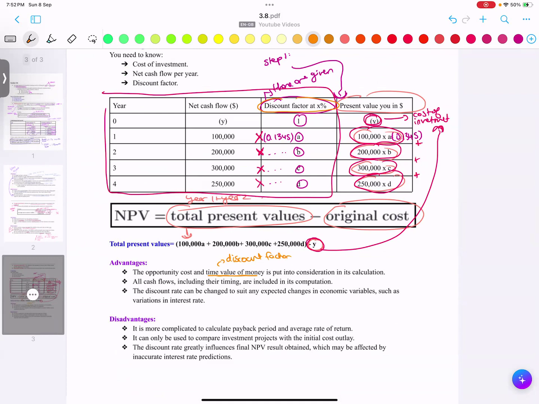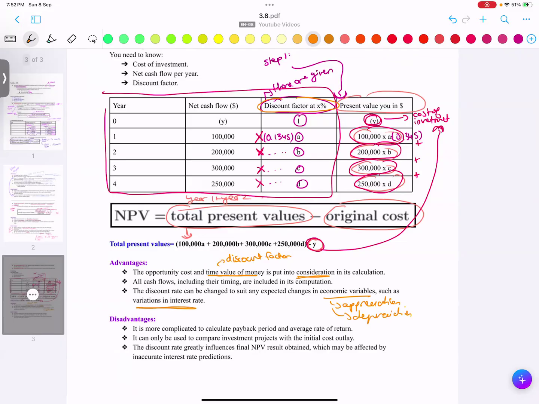Unlike the average rate of return, which doesn't consider that, it considers appreciation and depreciation. All cash flows, including their timing, are included in its computation as well. The discount rate can be changed to suit any expected changes in economic variables, such as variations in the interest rate.